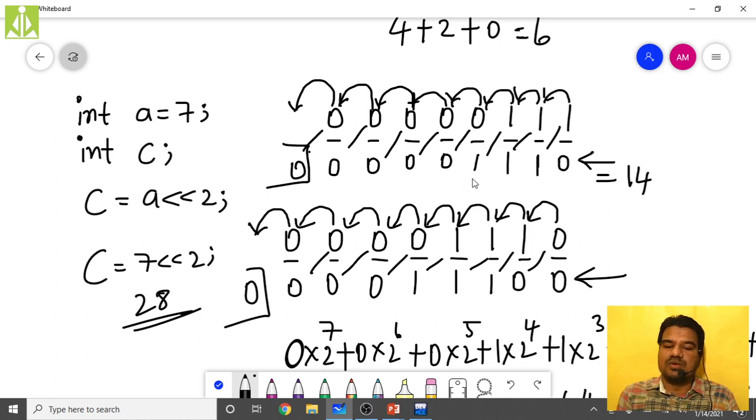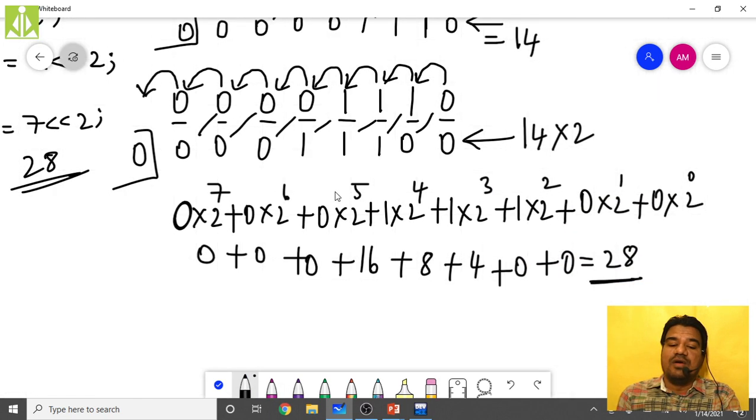If you convert this value 1110 into decimal, you will get 14. Then after the second shift, again the 14 will get multiplied with 2 and the final value you will get is 28.